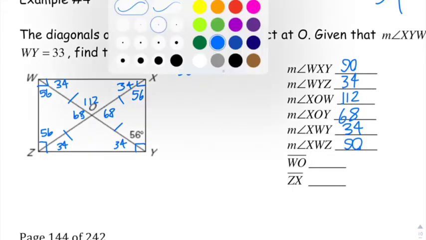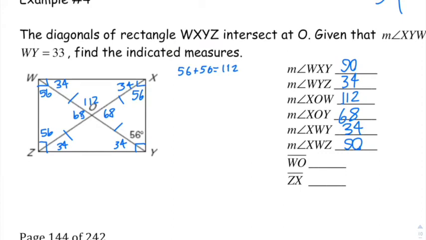Now we've got to go find the segment lengths. WY, that whole entire thing was 33. So that means WO has got to be half of that. So you can just say 33 divided by 2. It's 16.5, I believe.